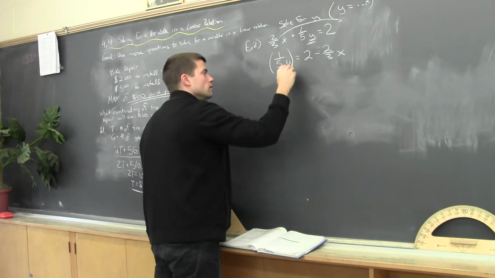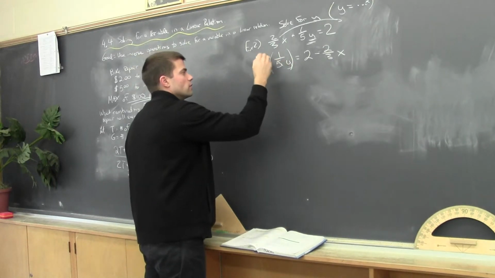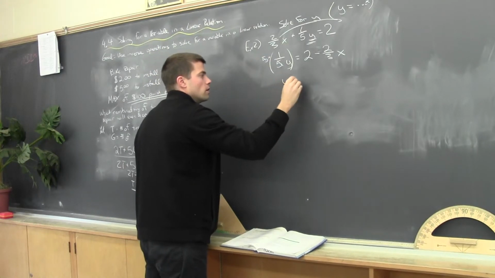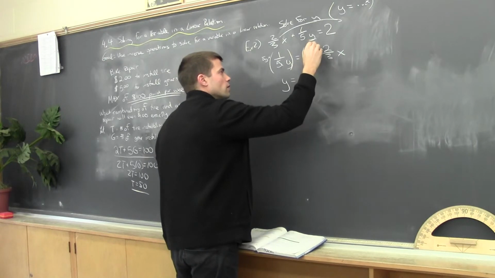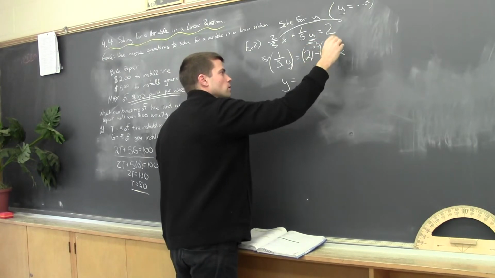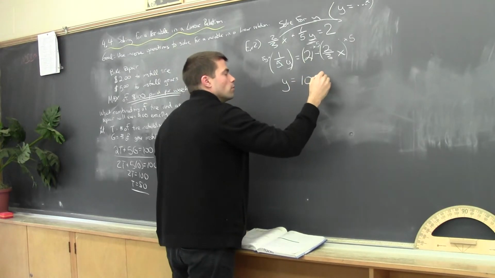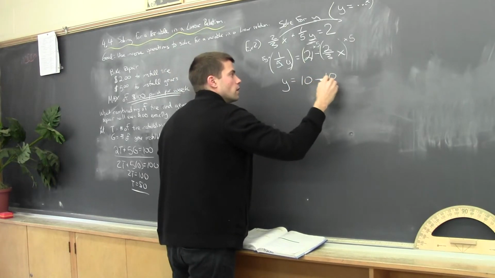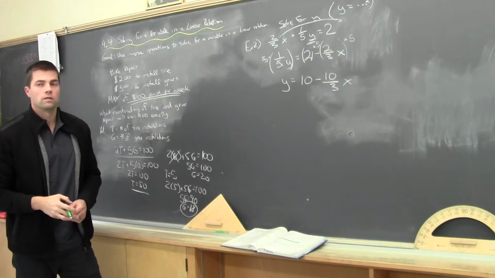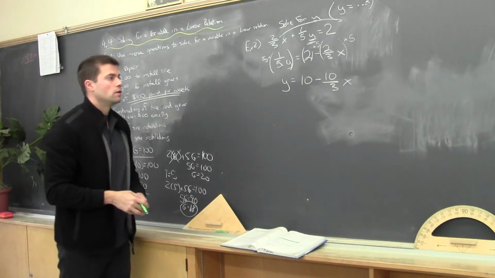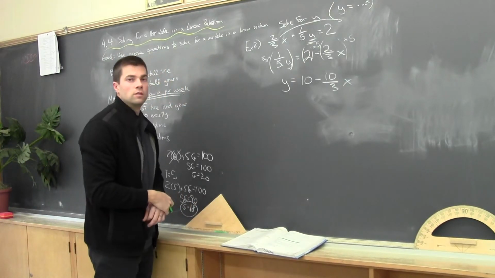So in order to do that, I need to multiply by 5, because then these 5s will cancel out and I'll just be left with y. That's what I want. So then I also need to multiply everything else by 5. Which gives me 10 minus 10 over 3 x. Okay, so there's my final answer.